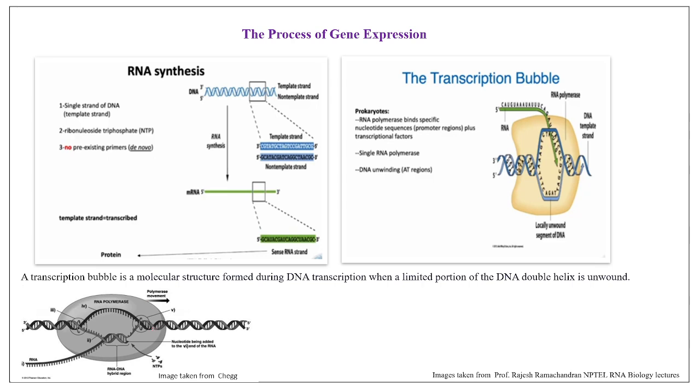So as and when transcription is required, this bubble is formed and then moves along the direction of transcription. In this bubble you can see your unwound DNA, your mRNA which is formed, and your RNA polymerase. This whole thing is known as the transcription bubble.